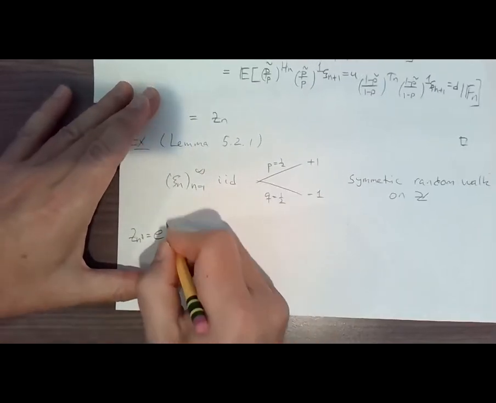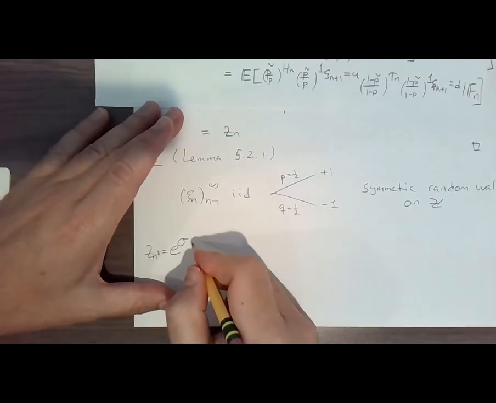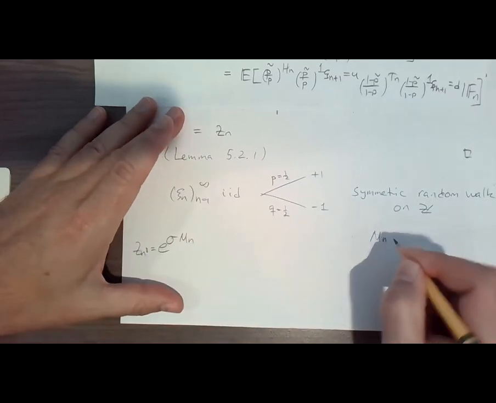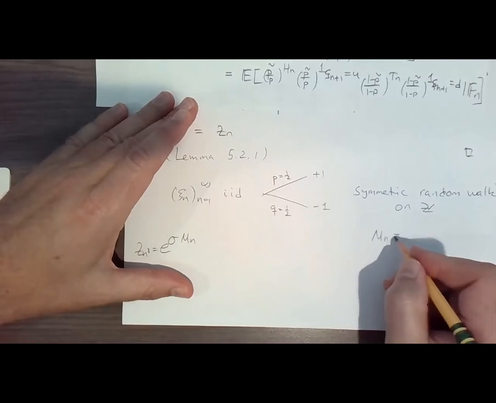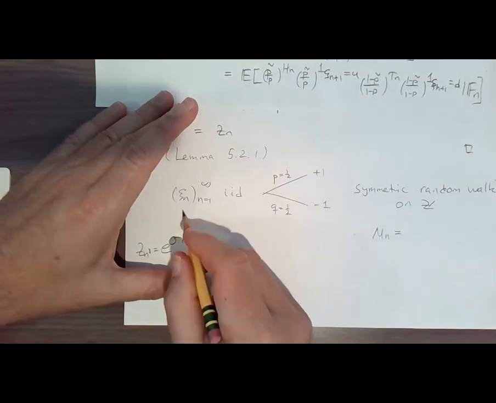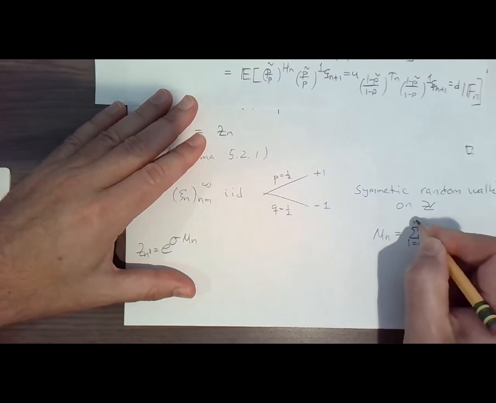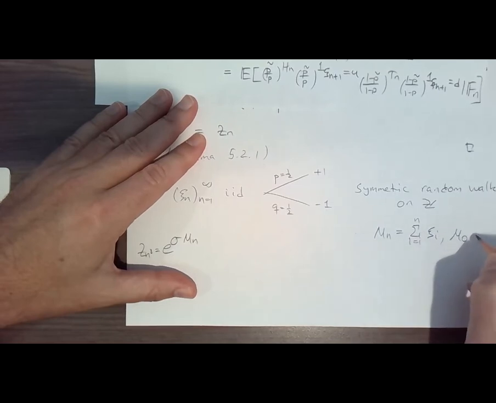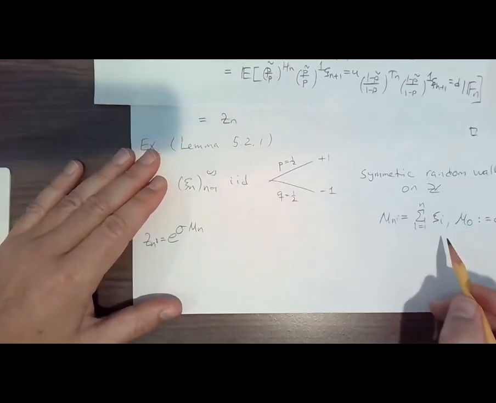Cn is e to the sigma, sigma is a constant, and then Mn. So I also need to tell you what Mn is. This is just you add up the psi i from 1 to n, and you started out at 0. So that's the symmetric random walk.